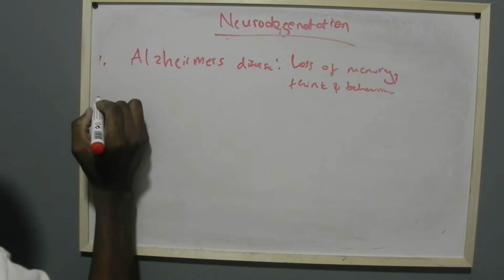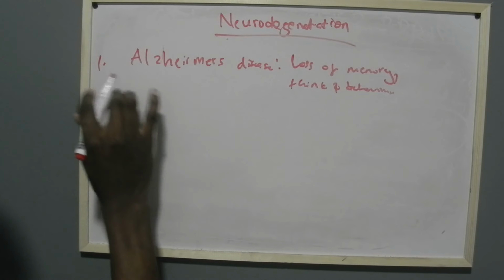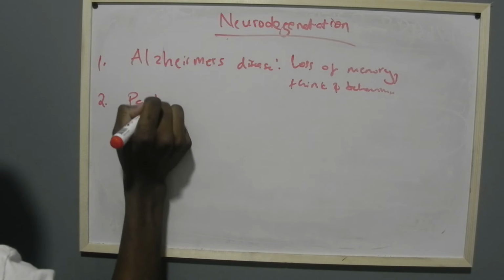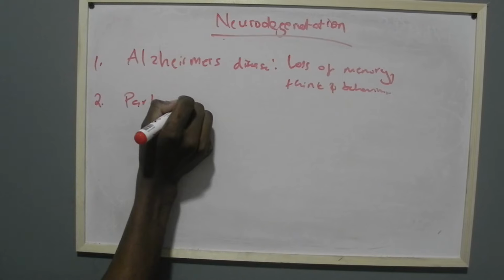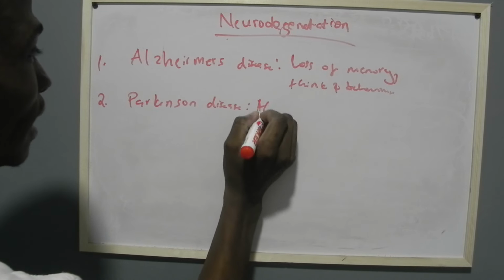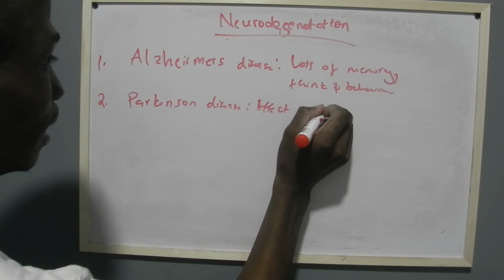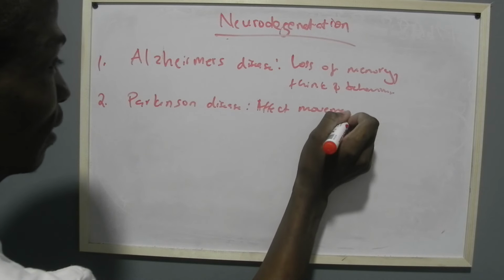And then, this is number 2, Parkinson's disease, which affects movement. As I'm moving my head, and as I'm standing, it affects movement.